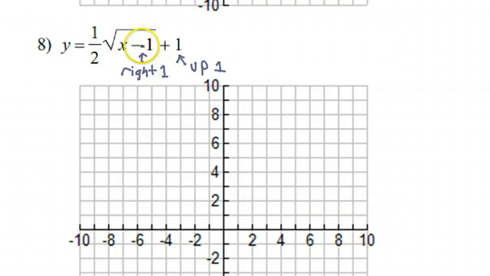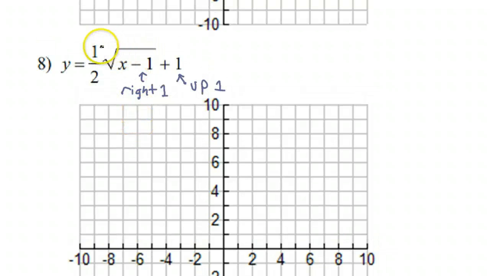Remember, these left-right motions from the inside of the function always go the opposite way that you would normally think. So negative 1 actually moves us to the right by 1. And then the 1/2, this a value in the front: if this were multiplying by 2, that would be a vertical stretch.